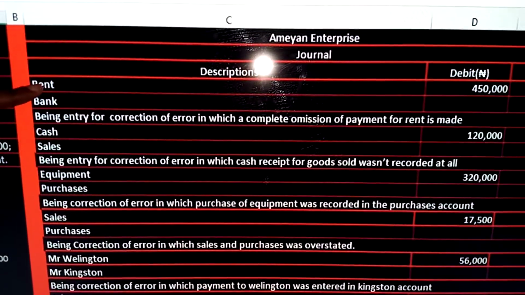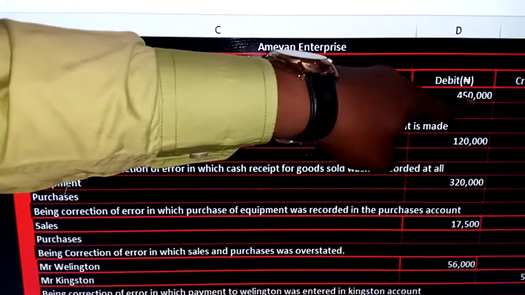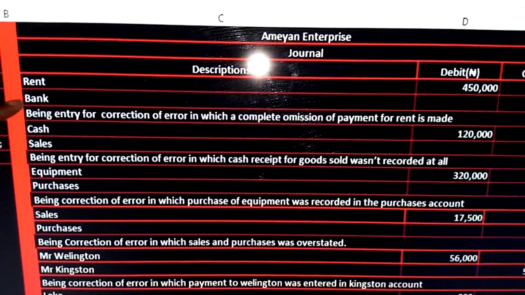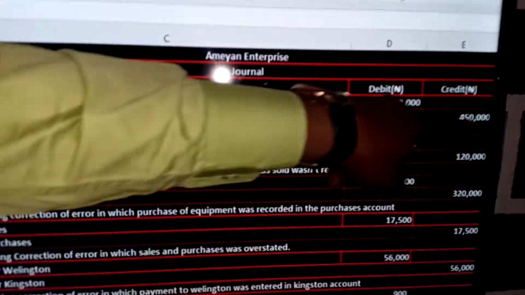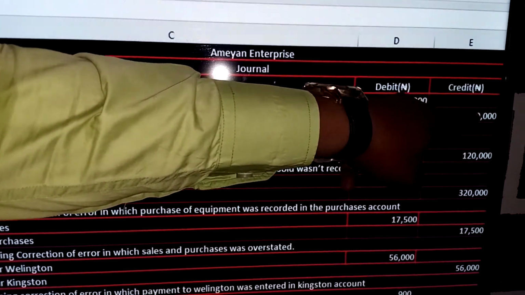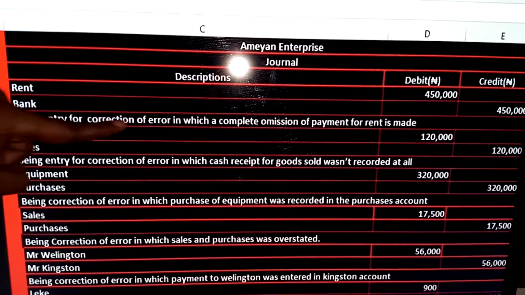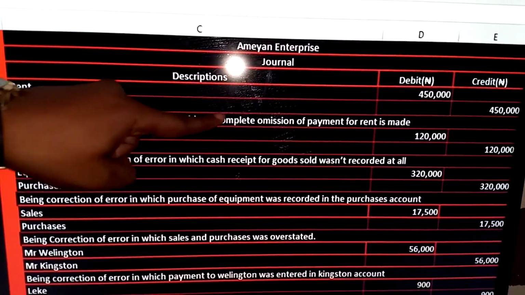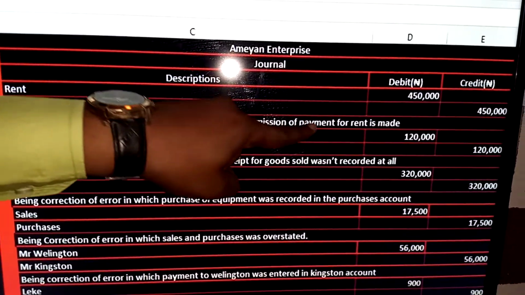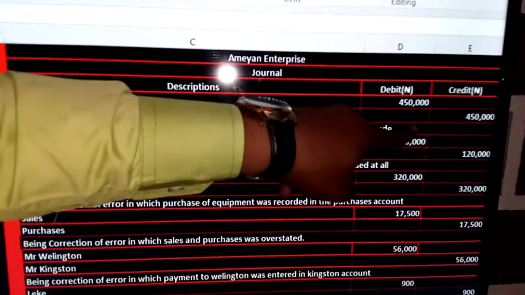So rent here is debited with 450,000. Bank is credited with 450,000. So let's narrate. Being entry for correction of error in which a complete omission of payment for rent is made.